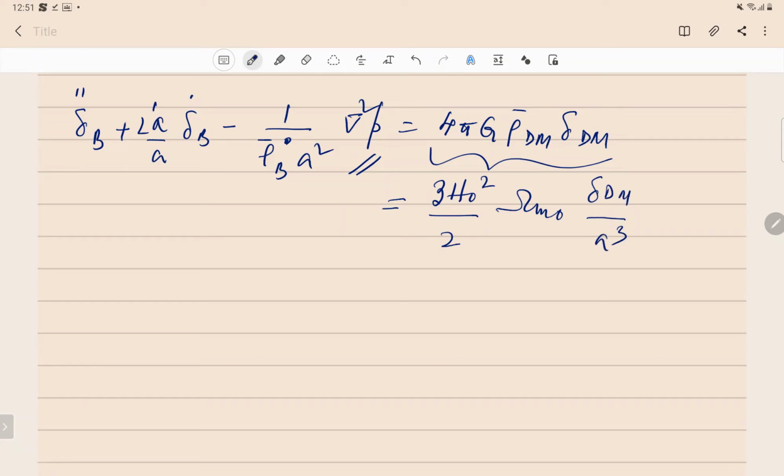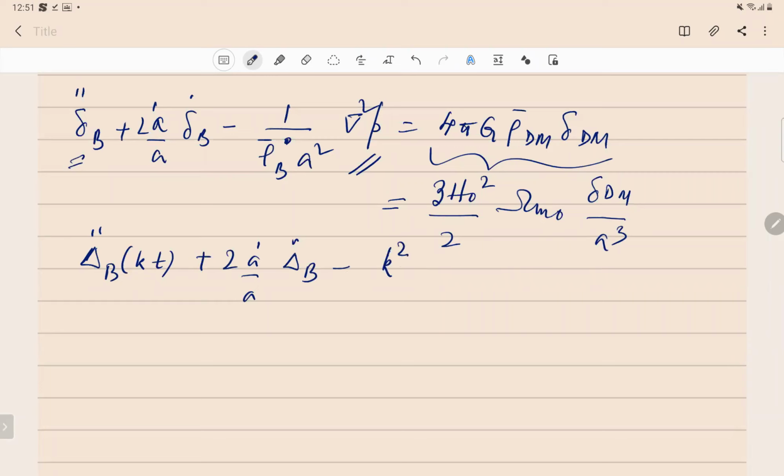Now what we do is we write it down in Fourier space. This is just a time derivative, so there's no problem. You can have delta baryon double dot, now a function of k and t, plus twice A dot by A delta baryon dot, minus, now this del square P will give you a k square.